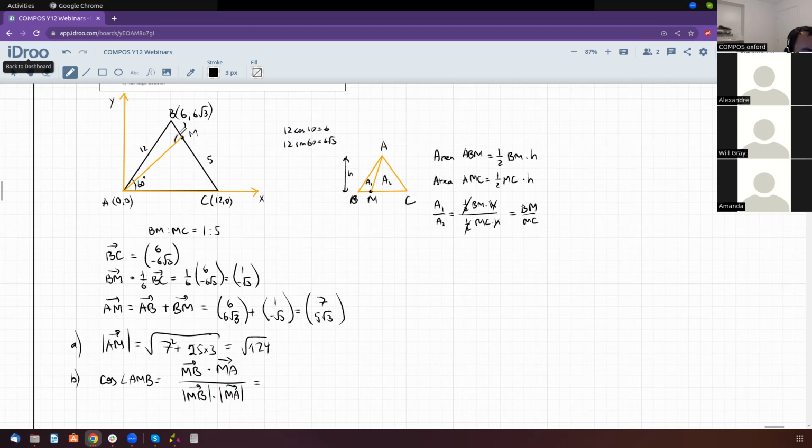Right, because we're looking for this angle, theta. So it's MB and MA. It's the angle between these two vectors.